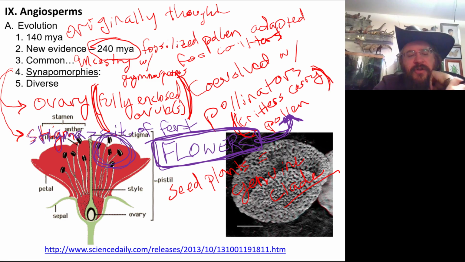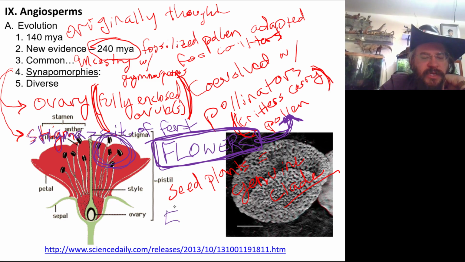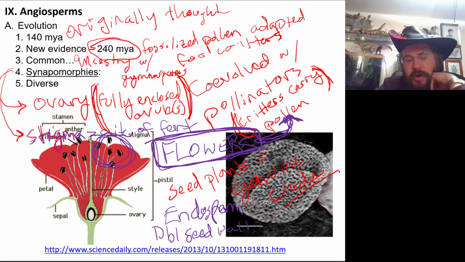Okay. Other things that are a preview of coming events that I'm not going to fully talk about right now. Endosperm tissue and a double seed wall. But we're literally going to get into this stuff.